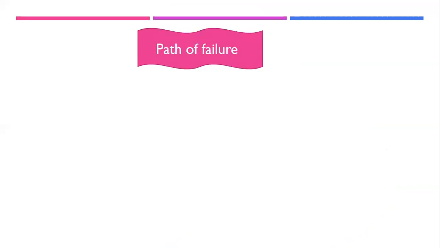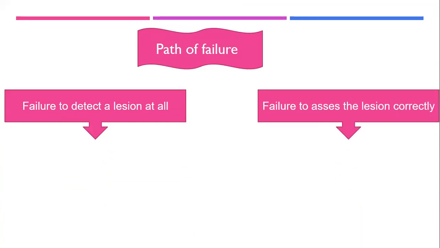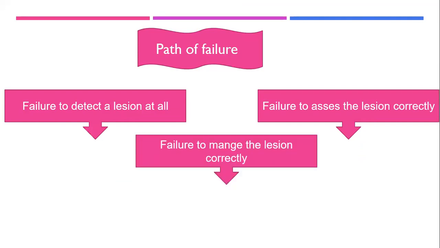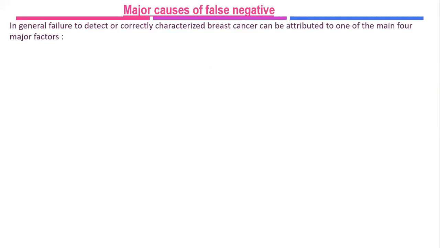So what is the path of failure? It's either failure to detect a lesion at all, or failure to assess the lesion correctly, or failure to manage the lesion correctly. But in the end, these all lead to missing our opportunity to diagnose breast cancers.